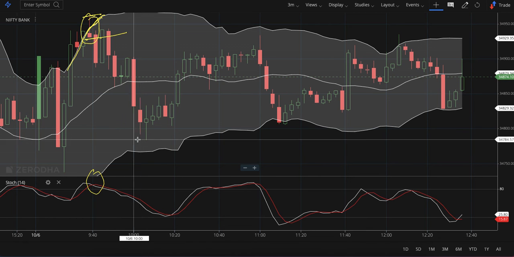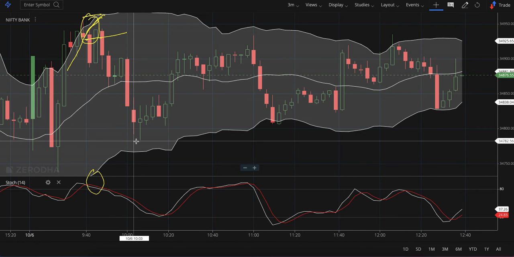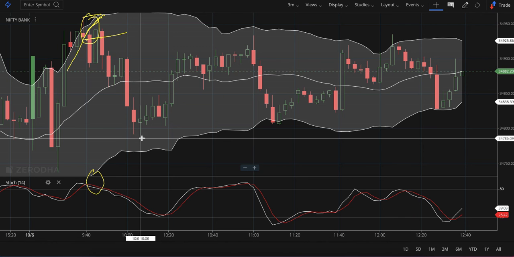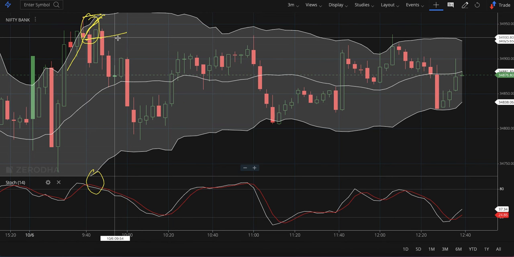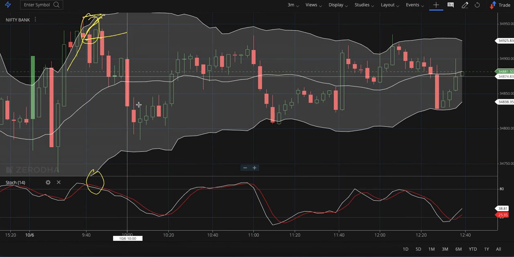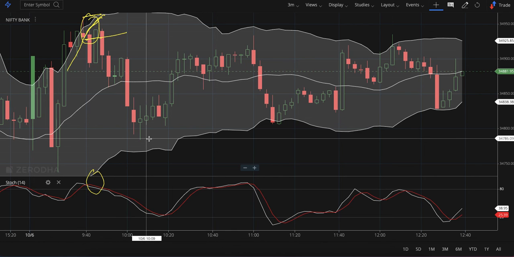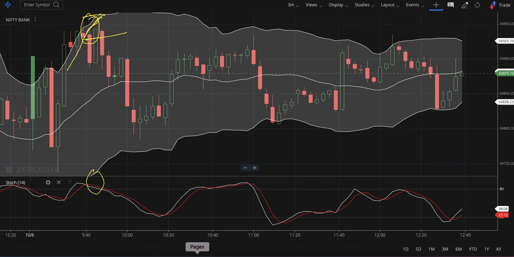So that means at least more than 100 points you would have got. From 930 to 780, it's more than 150 points, right? So you would have got these 150. That was one trade which you could have taken, right?